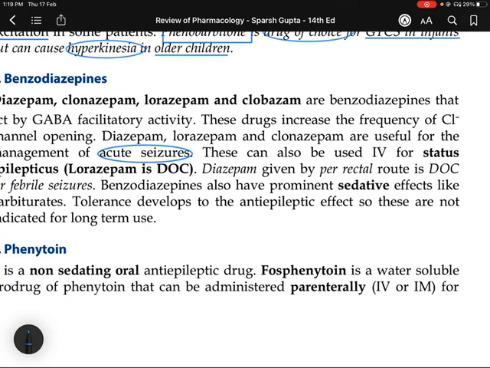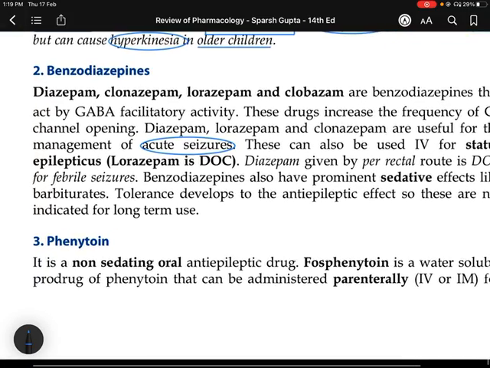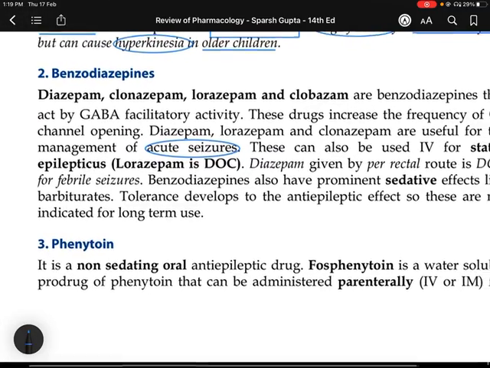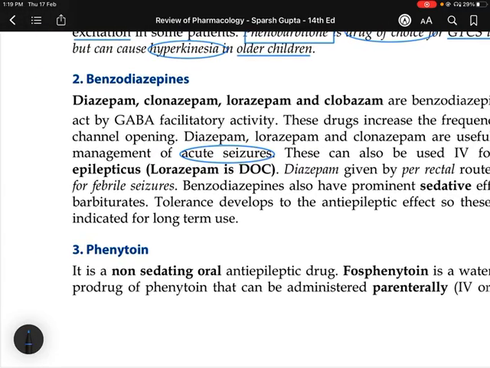These can also be used IV for status epilepticus. So what have we learned: diazepam, lorazepam, clonazepam, DLC. They can be used for status epilepticus, although lorazepam is the drug of choice.